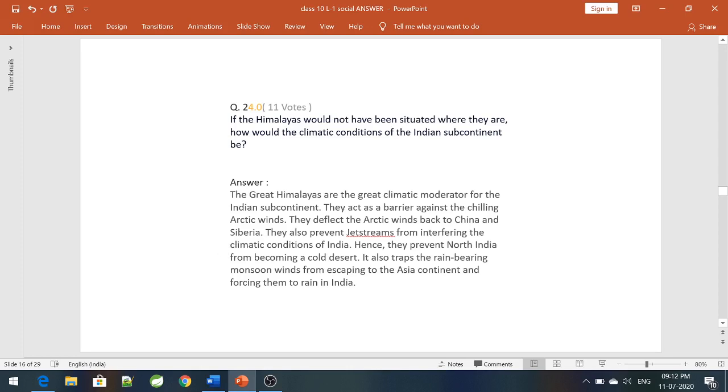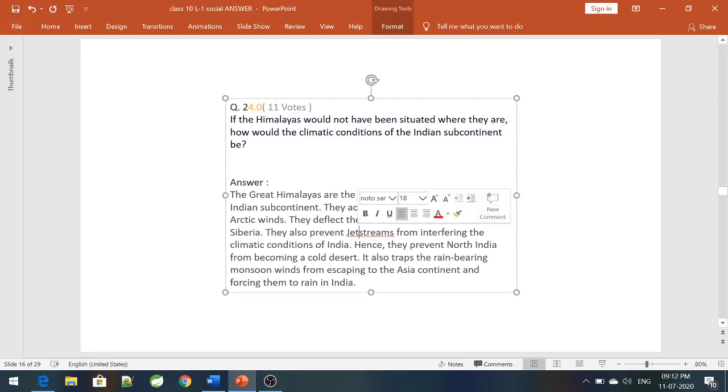They also prevent the jet stream from interfering with the climatic condition of India. Hence, they prevent North India from becoming a cold desert. They also trap the rain-bearing monsoon winds from escaping to the Asian continent and force them to rain in India.